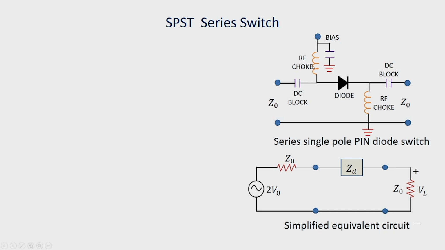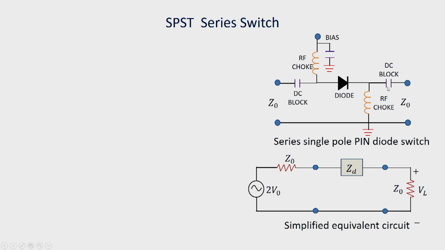The purpose of this RF choke is to provide a high impedance for the signal, and at DC this inductor will be a short circuit. So, this choke will prevent flow of signal towards the bias source. Also, we have a DC block here, because this DC voltage should not go to either source or to the load.